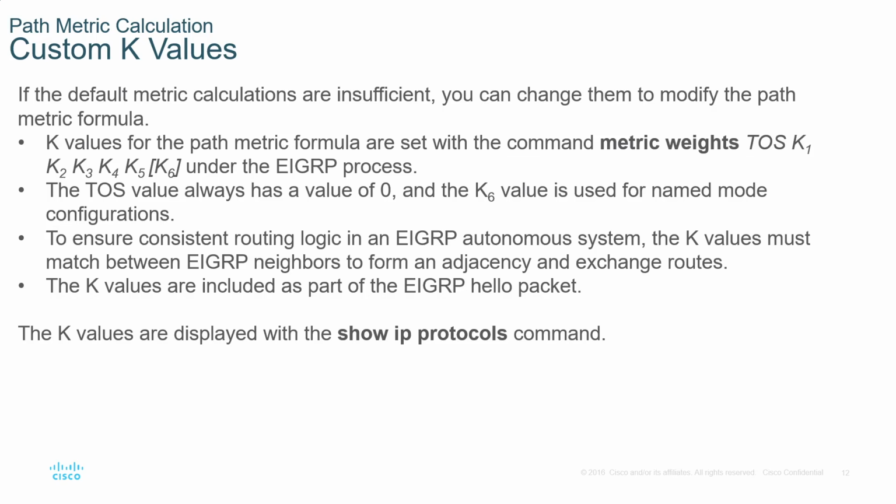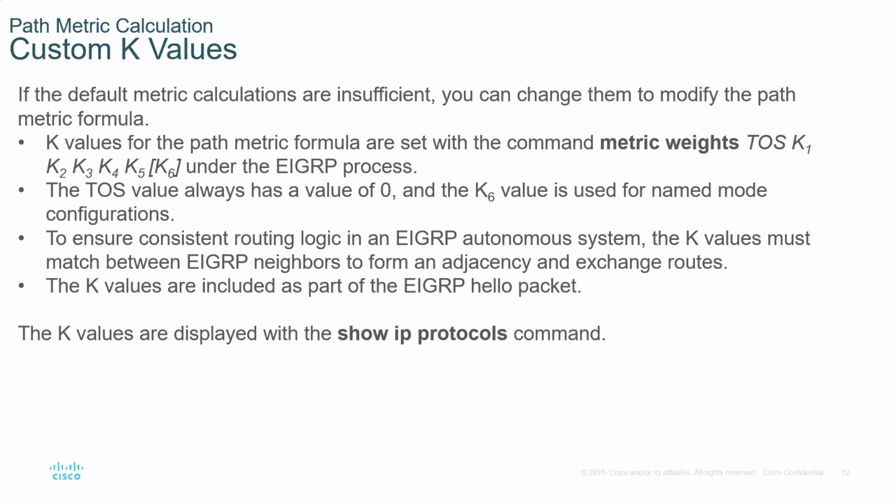So you always have a series of ones and zeros after the metric weights. So if you're using classic mode, you need to have 5 values. If you're using named mode, you need 6 values to represent the different K selections.